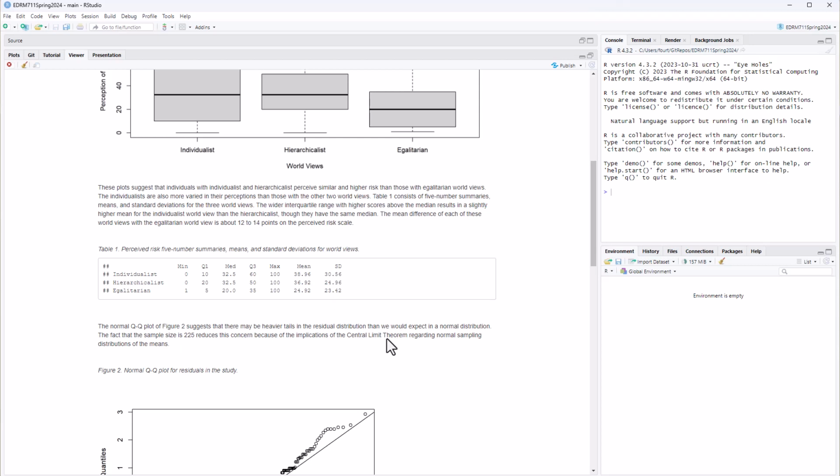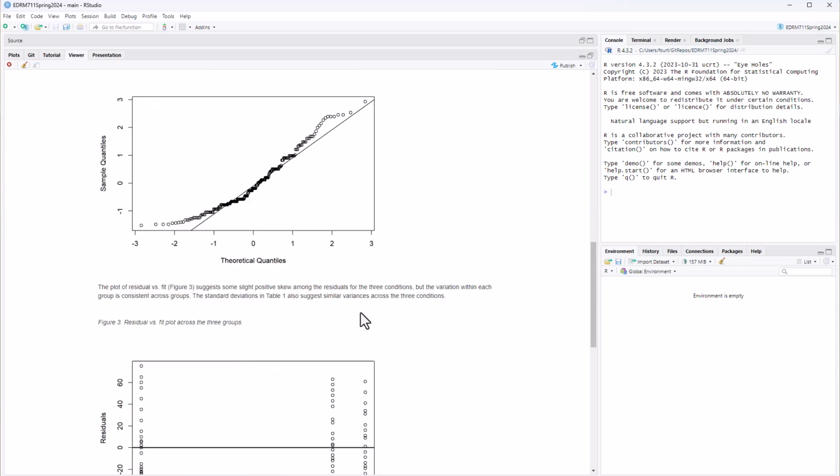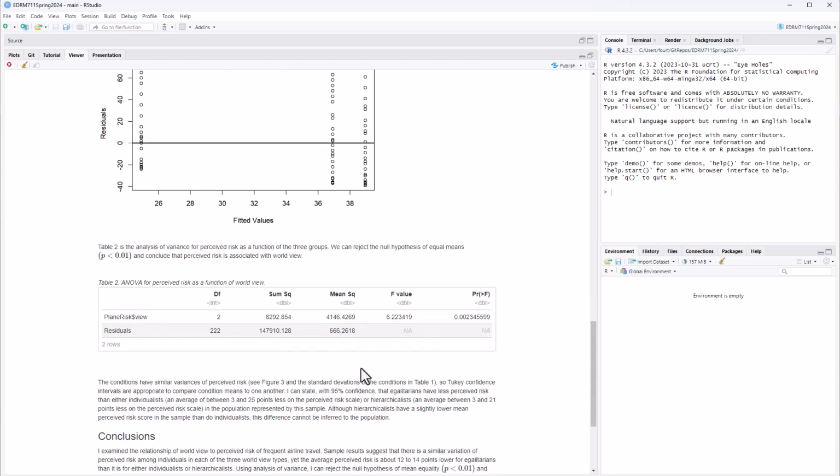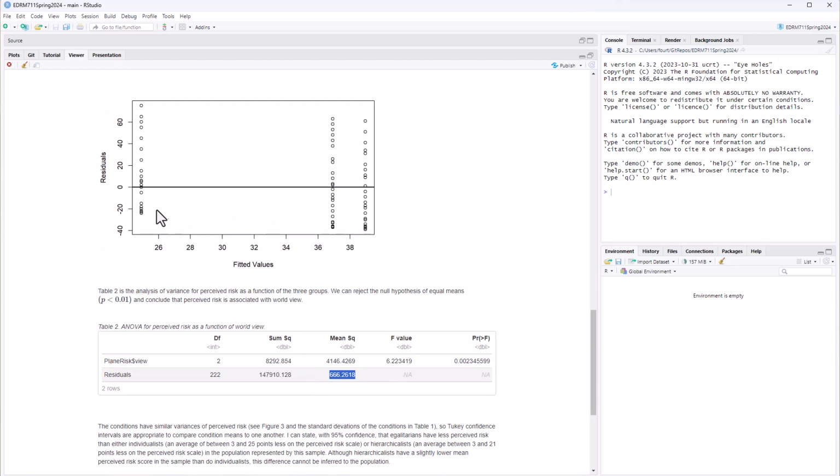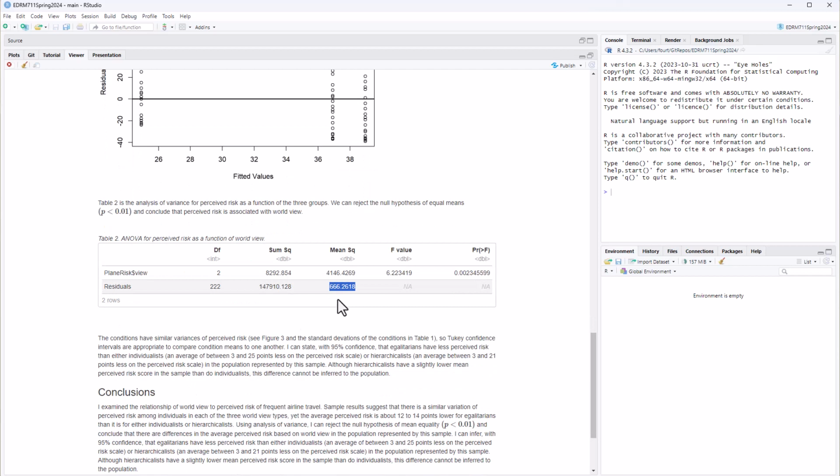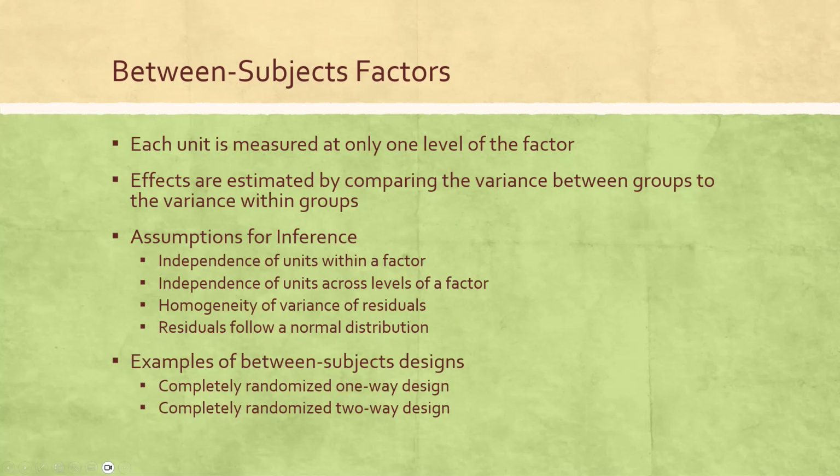The most common rule of thumb probably is if the largest variance is no more than 4 times the smallest variance, you're probably okay to use this single number as a single best estimate of the variation within each of those conditions. So that's a one number estimate for 3 different estimates, the variance within each of the conditions, which is why we need that assumption of homogeneity of variance of residuals.